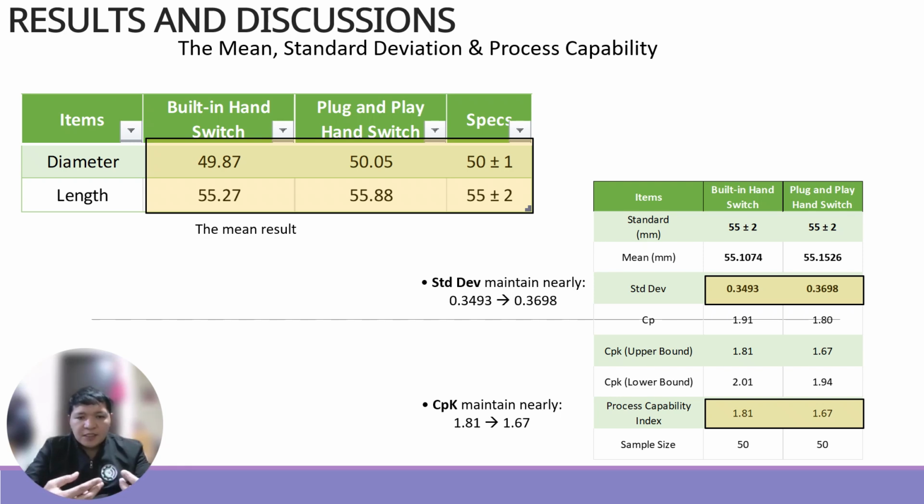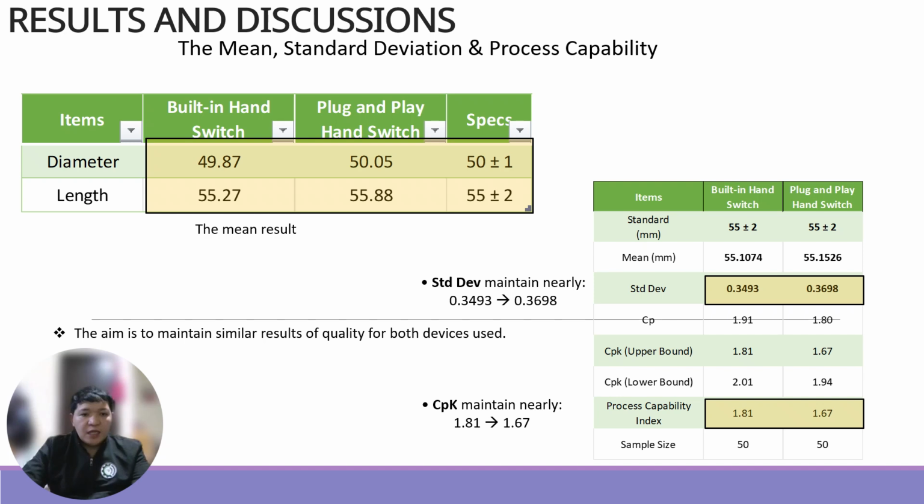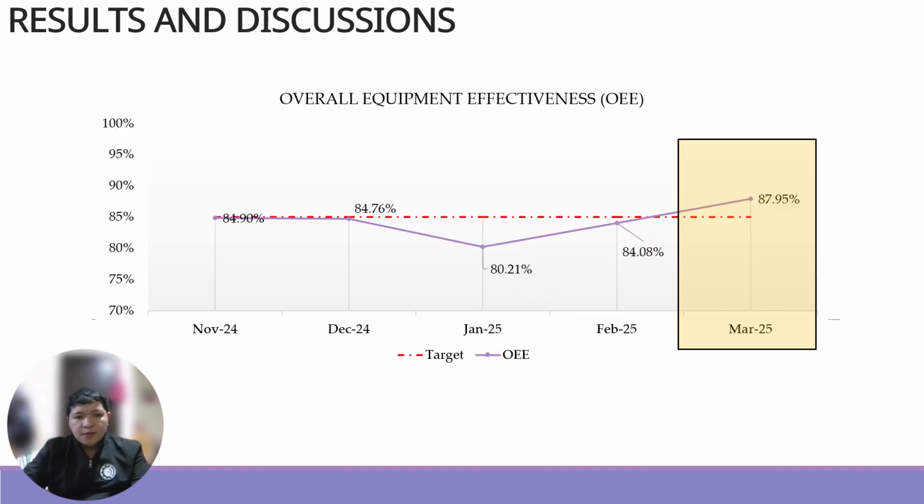Also, the process capability or the CPK is at an acceptable level, higher compared to 1.33, for both built-in and plug-and-play hand switch, right? So on this condition, we can see that plug-and-play and built-in hand switch have comparable results. The aim of this is to maintain the similar quality result for both devices used, right?